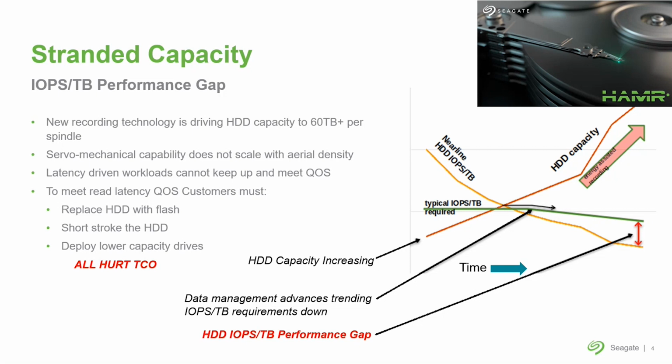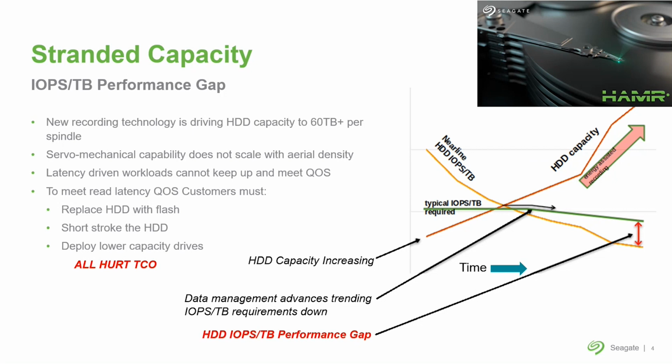Today, customers with very high performance needs may be replacing HDDs with flash at a tremendous cost. It's much more expensive. They may be short stroking the HDD, only using the outer 50 or 75% of the disk to maximize performance and then stranding the rest of the capacity.